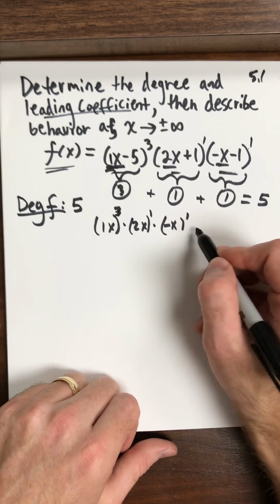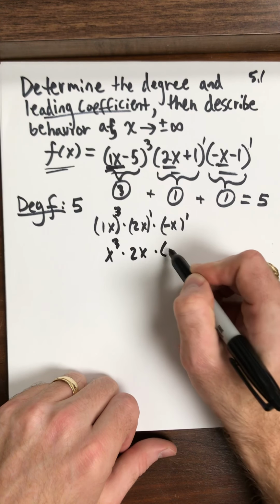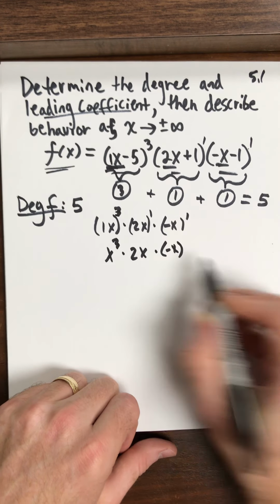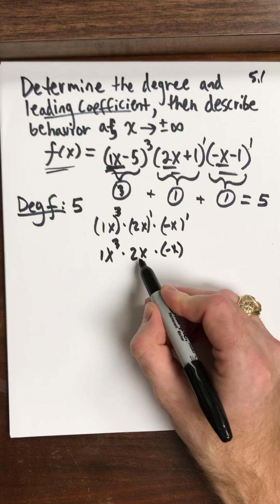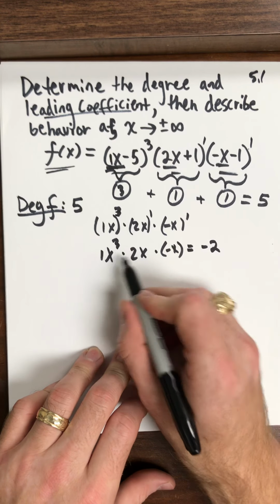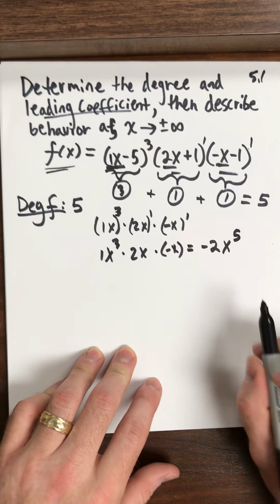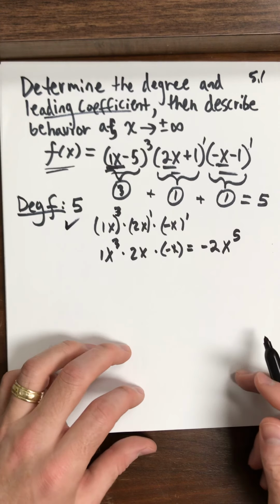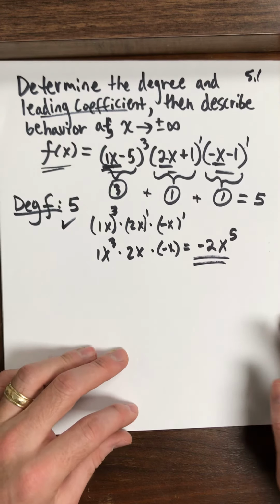So what is this? This is x cubed times 2x times negative x. Now, this is a 1, and 2 is 2, and then negative makes a negative 2. And then I have x, and x to the 3. That's x to the 5th. So this verifies that the degree is 5. And we've just muscled out the lead coefficient.